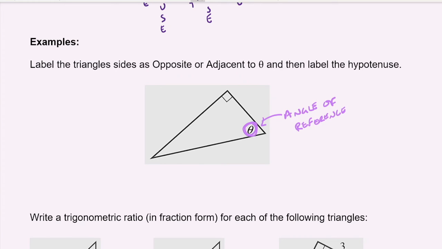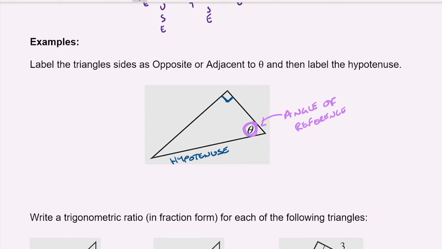Now we can see that the hypotenuse is pretty easy to spot, as it is directly opposite the right angle. Now we can chuck in opposite and adjacent. We were supposed to do the hypotenuse last, but it was easiest, so let's do it first.